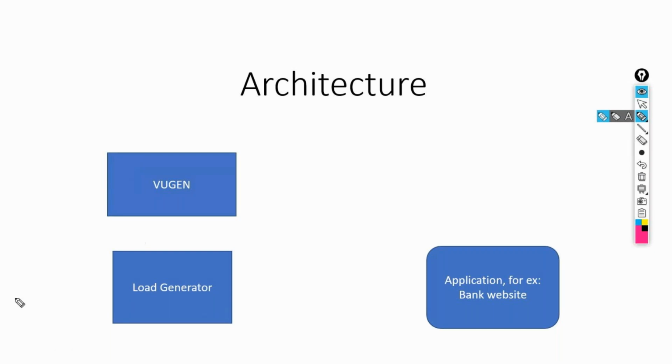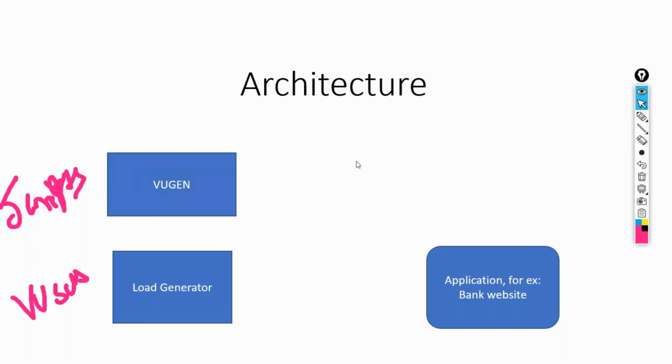Now you have users ready. Then you have scripts also ready with this Vusion. Then there should be some component which is used to execute or trigger the execution, because you have scripts ready.